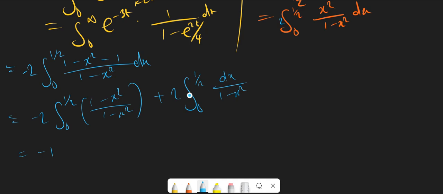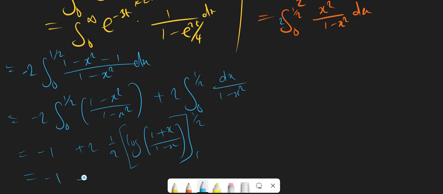Then for this part you would have 2 multiplied by half of the logarithm of (1 plus x) over (1 minus x). We evaluate this as 1.5 over 0.5, and the same thing, I think, is log 3. So this is going to be negative 1 plus 2 log 3.